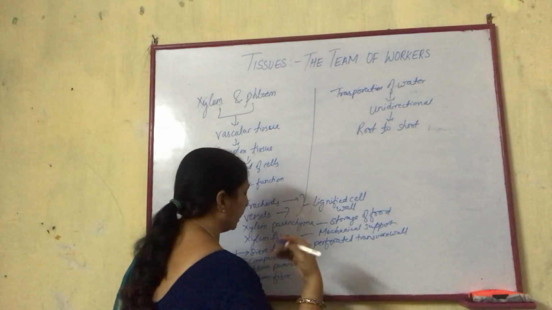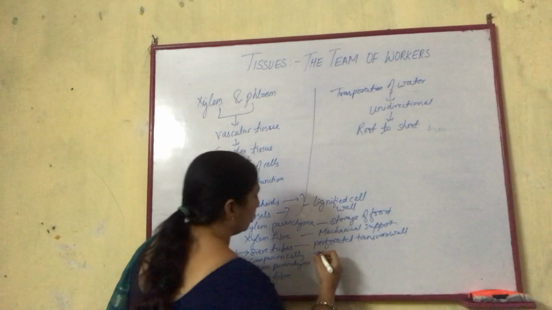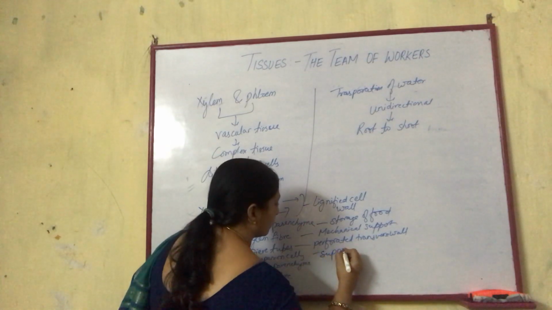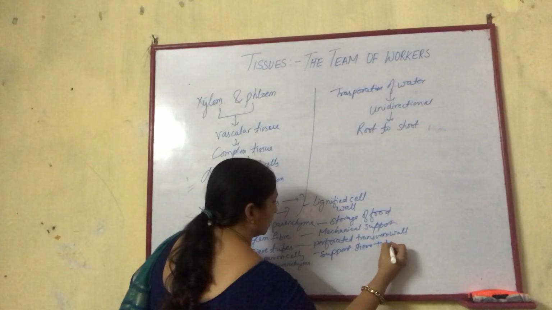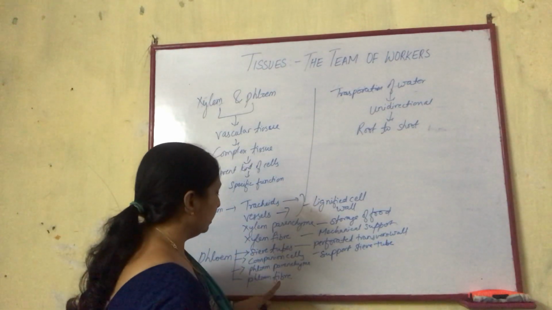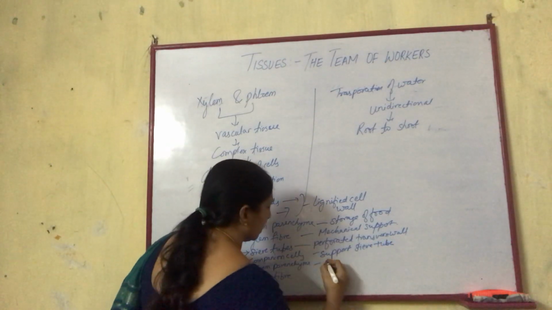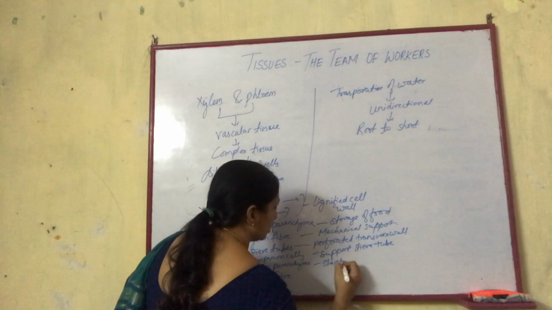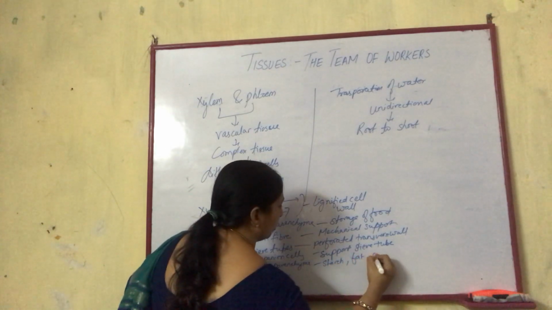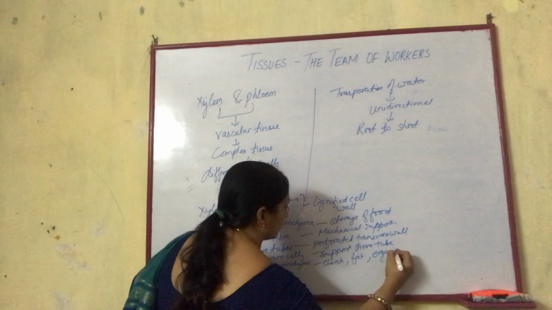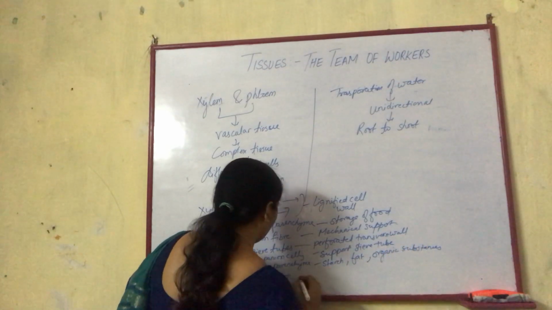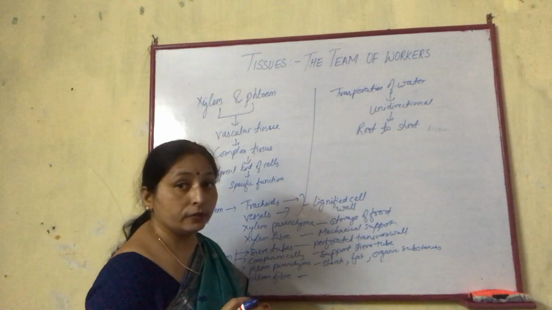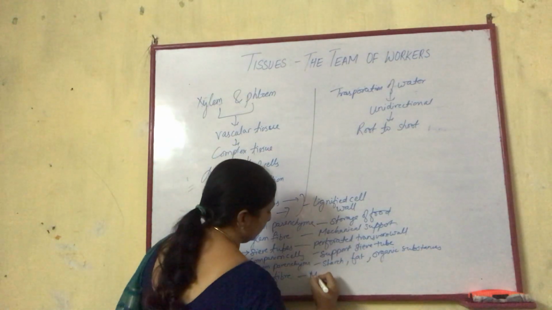Companion cells support the sieve tubes. Phloem parenchyma is for storage of starch, fat and organic substances. Phloem fiber is again for mechanical strength.